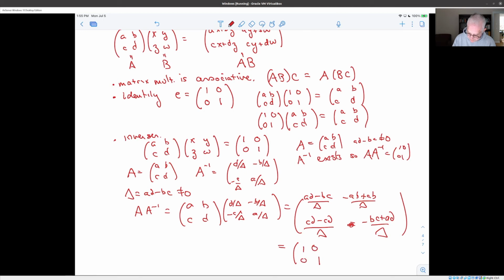So we get 1, 0, 0, 1. So if the determinant AD minus BC is not 0, then we can find an inverse for this matrix.